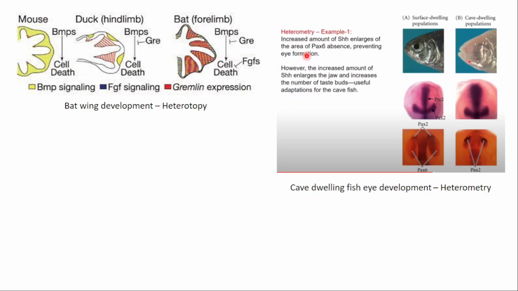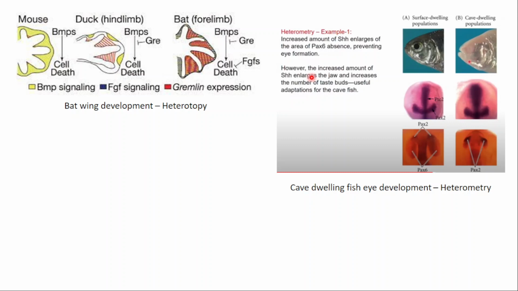So when we learned about SHH inhibiting PAX6, which forms the future eye, there is more SHH in the cave dwelling fish, which prevents eye formation. However, increased SHH also enlarges the jaw and increases the number of taste buds, a useful adaptation for the cave fish. So these are adaptations which are examples of heterometry.